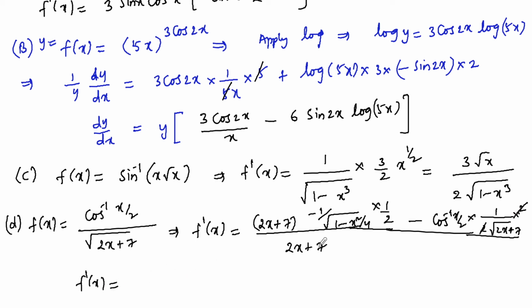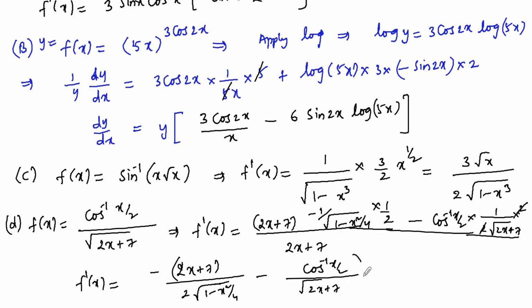And hence we can write f dash of x is equal to minus 1 by 2, 2x plus 7 by 2 root of 1 minus x square by 4, minus again cos inverse x by 2 divided by root over 2x plus 7 into 1 upon 2x plus 7.